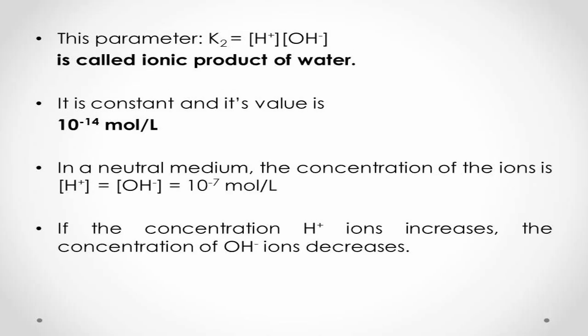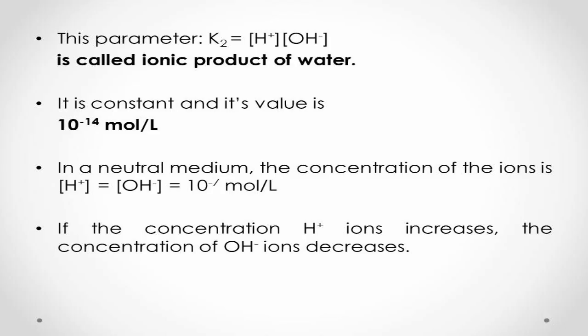In a neutral medium, the concentrations of H plus and OH minus ions are equal. To obtain 10 to the minus 14th mole per liter from such a product, the concentration of both H plus and OH minus ions must be 10 to the minus 7th mole per liter.